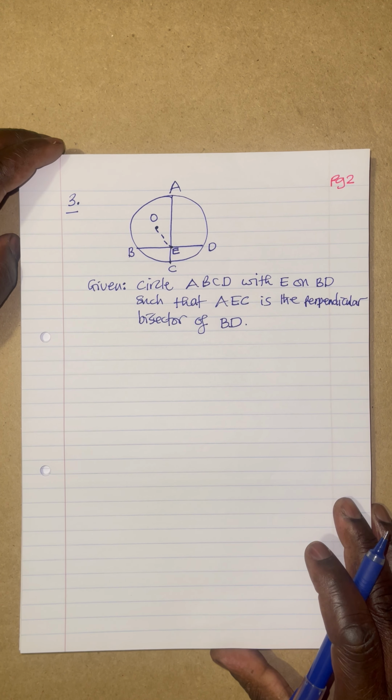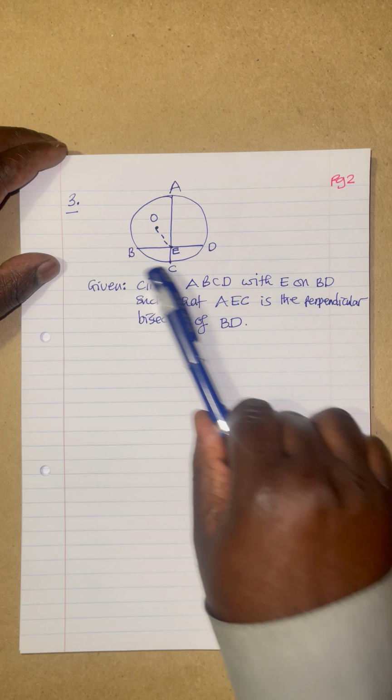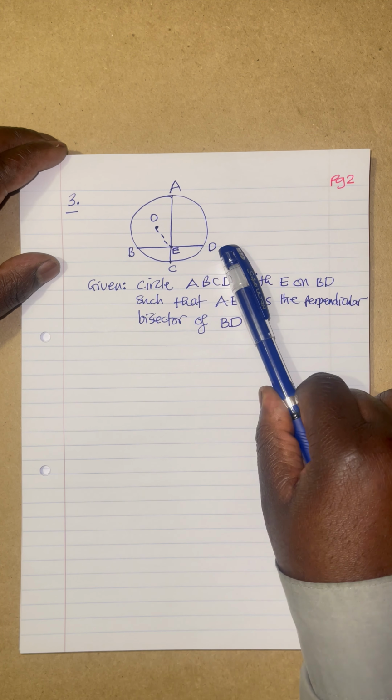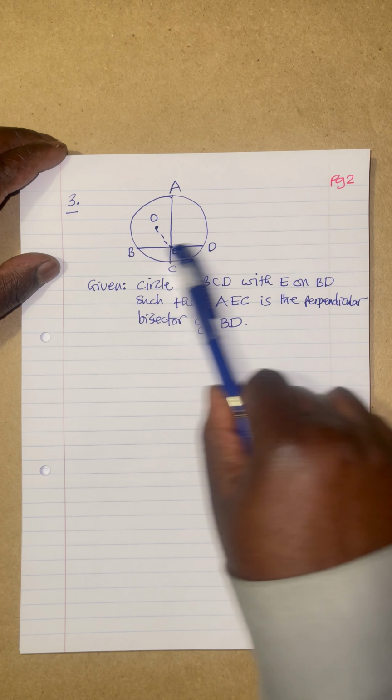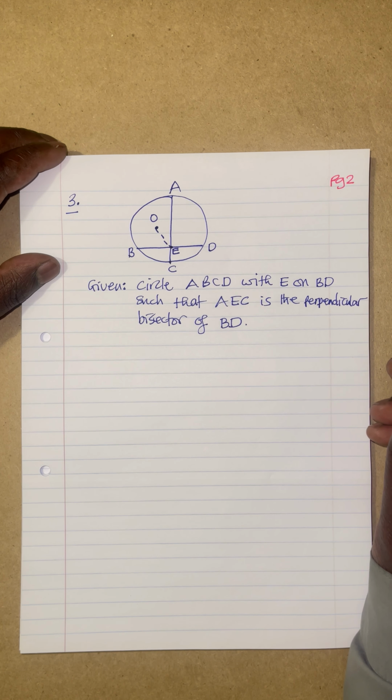That's what we're given. We're given circle A, B, C, D with E on BD such that AEC is the perpendicular bisector of our chord BD.